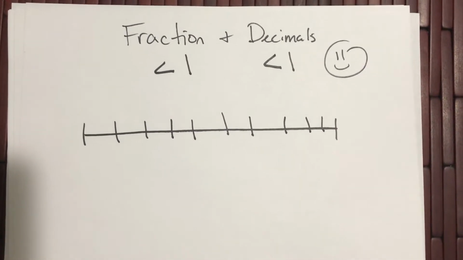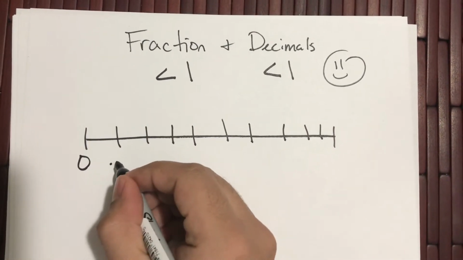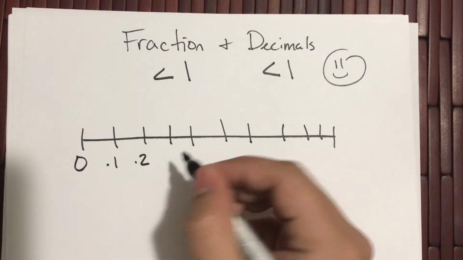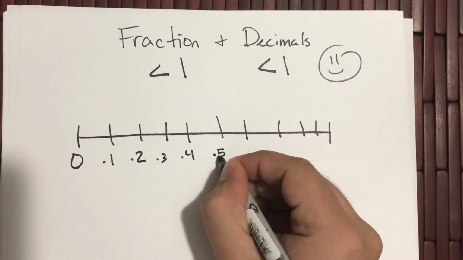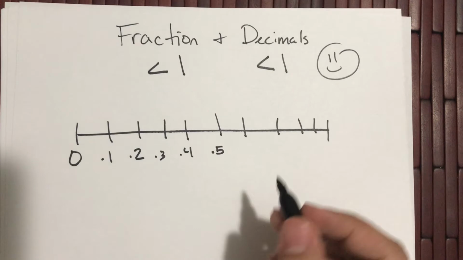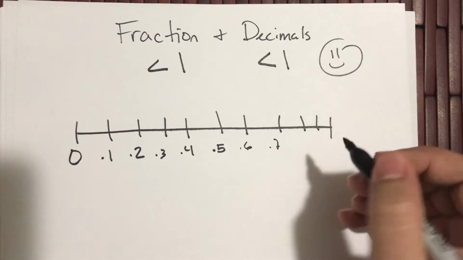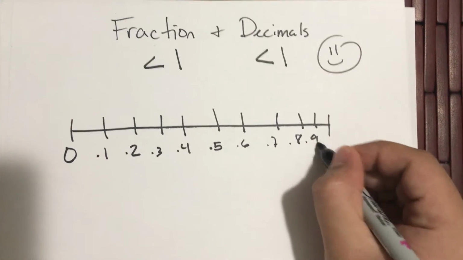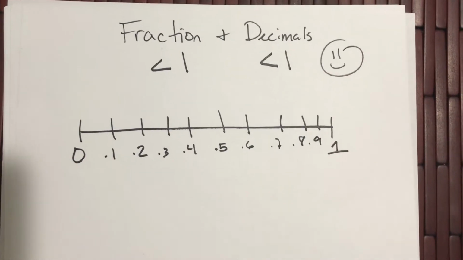Okay, and I have to remember that with decimals, we start at 0, then we go 1/10, 2/10, 3/10, 4/10, and then we have 5/10, which is the same thing as 1/2. It's half of 1. 6/10, 7/10, 8/10, 9/10, and then we have one whole.